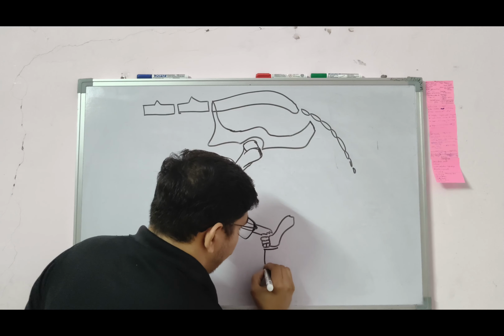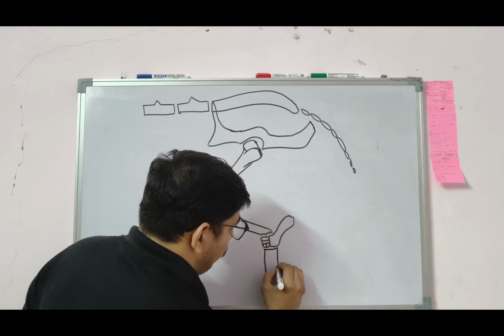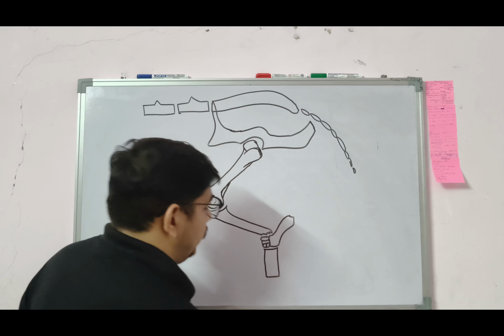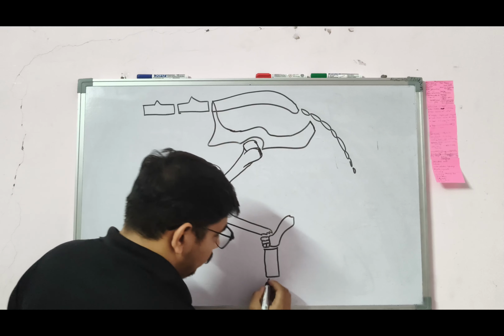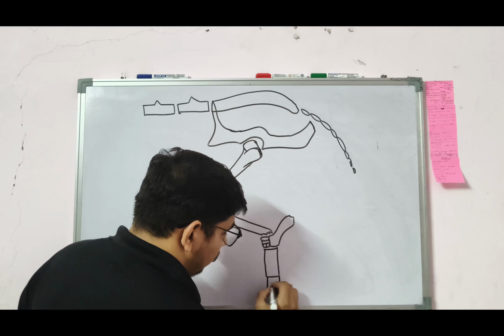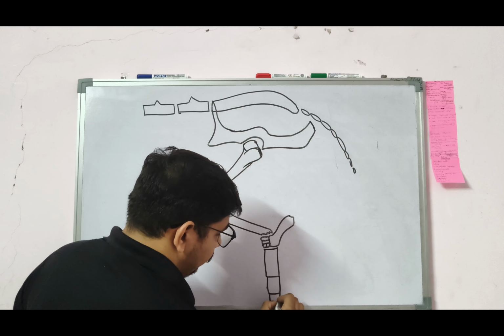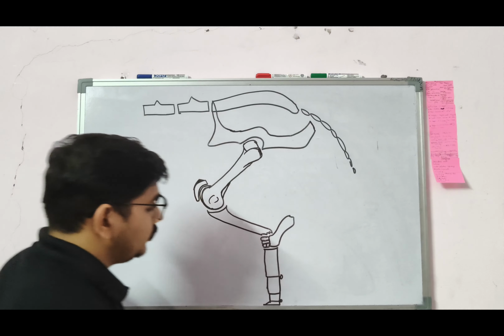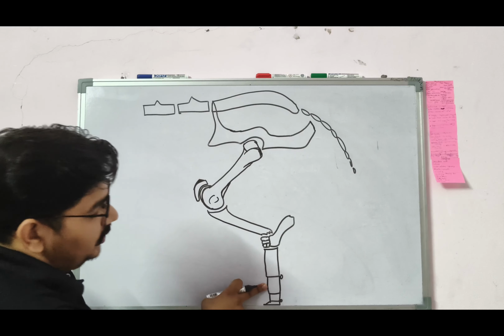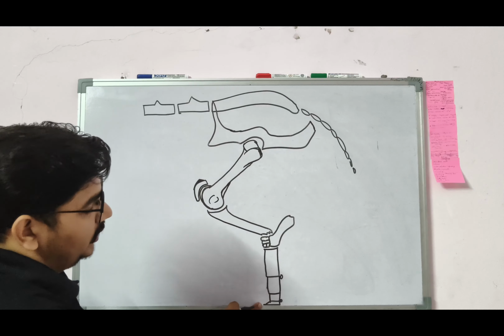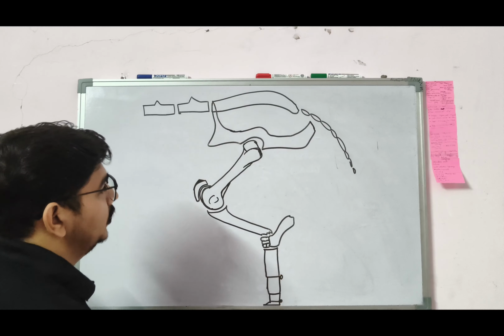We have made a different video. Check. This is the metatarsal. I have some space problem, so try to make it. This is the metatarsal. This is first digit, second and third digit. These are the sesamoid bones.